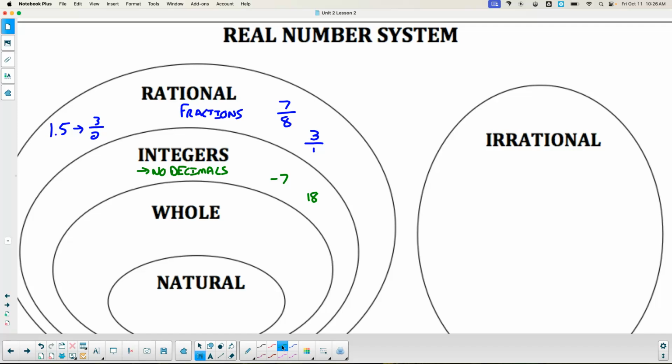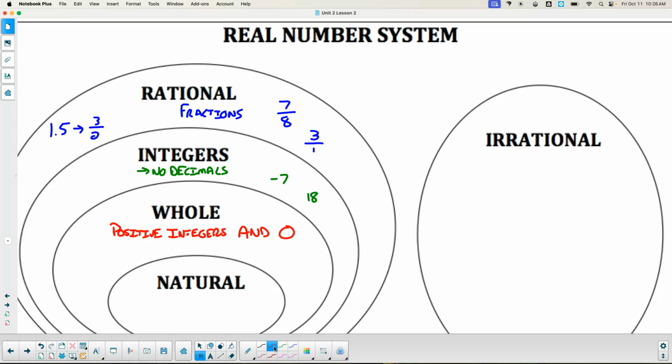Those are all integers. No decimals on those. Whole numbers are the positive integers and 0. Those are the whole numbers.